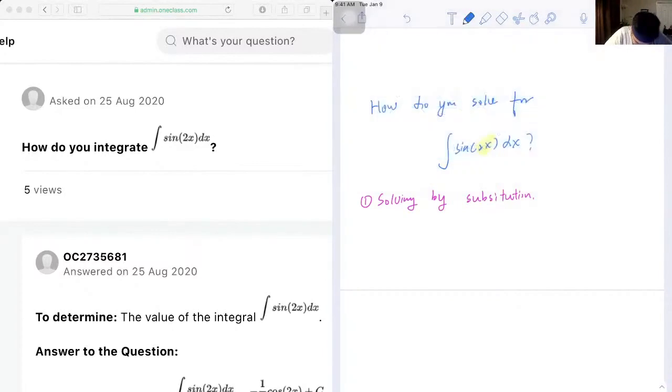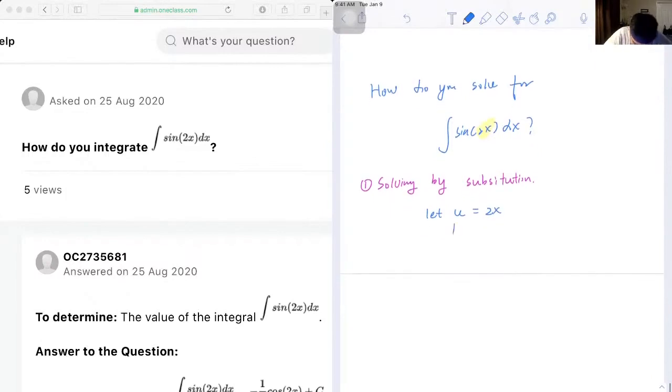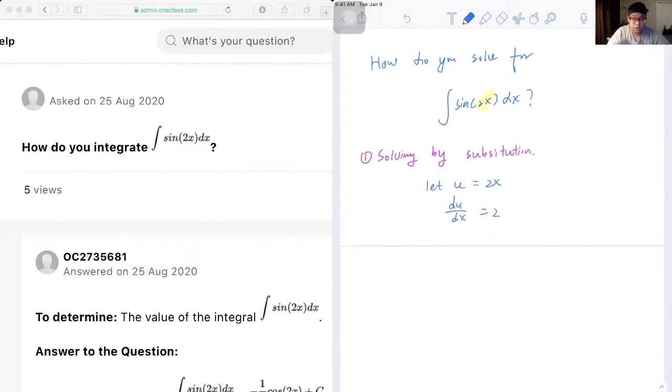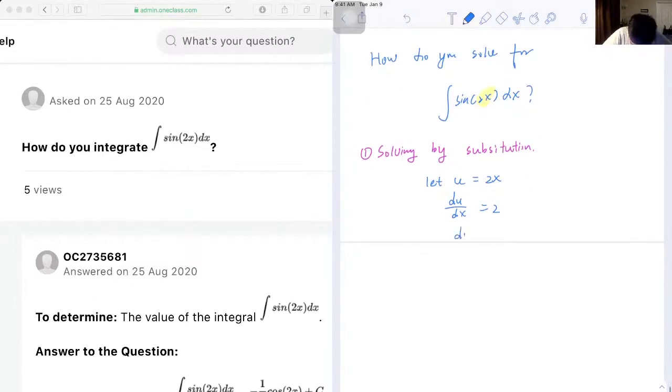So let u is equal to 2x, and therefore du/dx is just going to be equal to 2, and we just move dx to the right hand side. That's going to give us du is equal to 2 times dx. Okay.